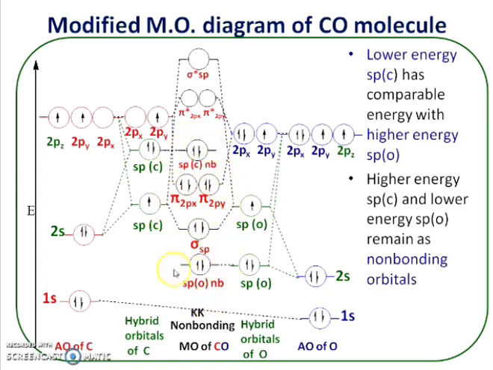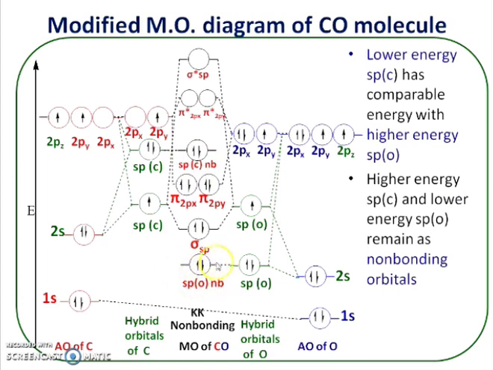So out of various molecular orbitals, in bonding molecular orbitals there are 6 electrons: 2 electrons in sigma sp and 4 electrons in pi bonding molecular orbitals. So 2 plus 4, that is 6. There are 2 non-bonding electron pairs.